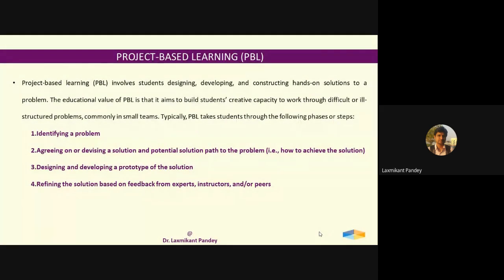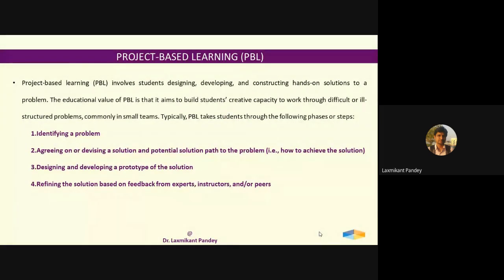Now, the third is designing and developing a prototype of that solution. As I told you, for a certain problem there could be different pathways for the solution. He will try different methodologies to solve the problem, and after going through different combinations and trials, in the end he will come to a conclusion that out of those five or six pathways, this pathway is the best.